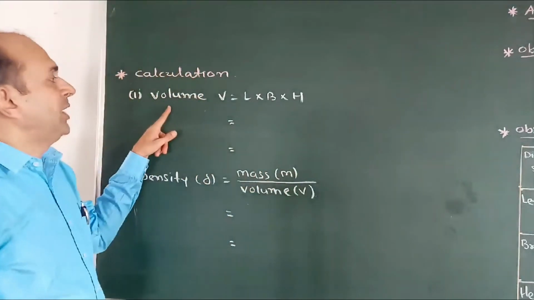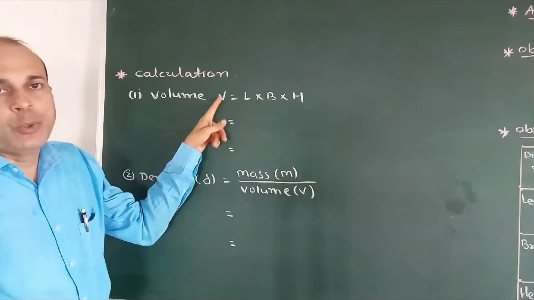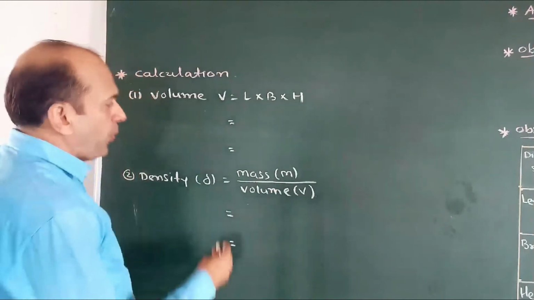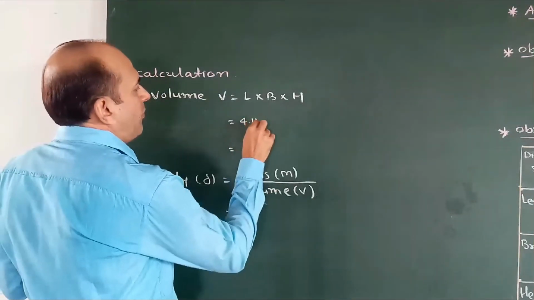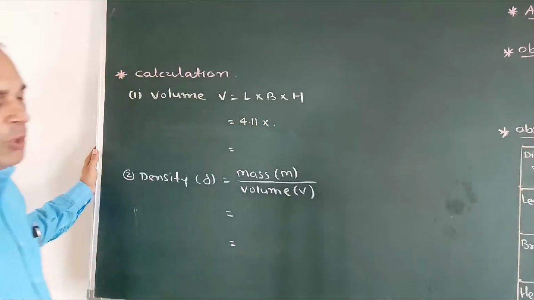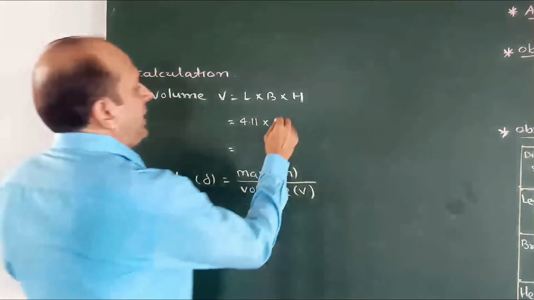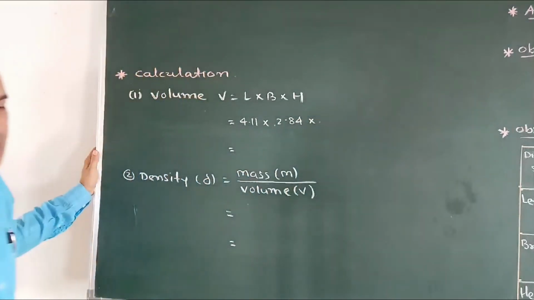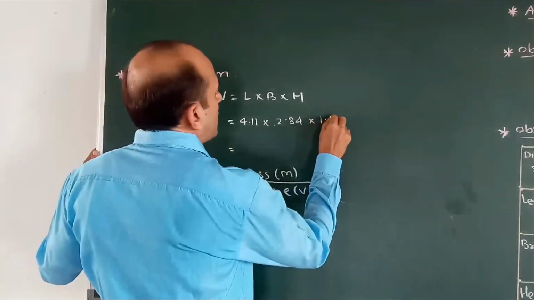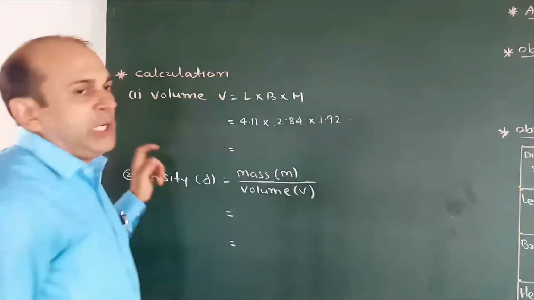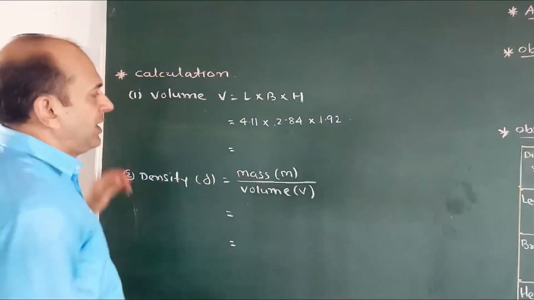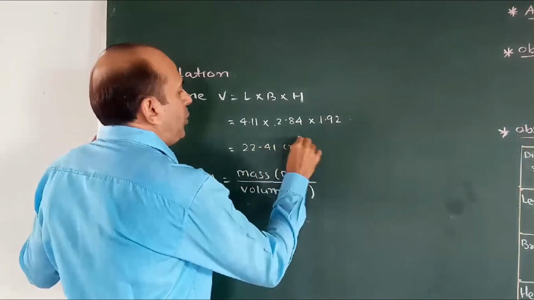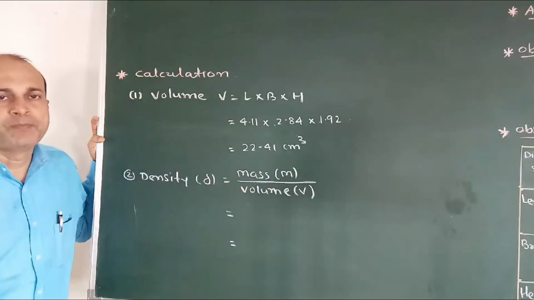The formula is volume V is equal to length times breadth times height. The length of the cuboid is 4.11 centimeter, the breadth is 2.84 and the height is 1.92 centimeter. Multiplying these, we get 22.41 cm cube as the volume of the cuboid.